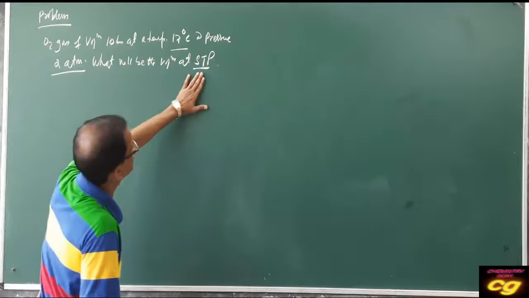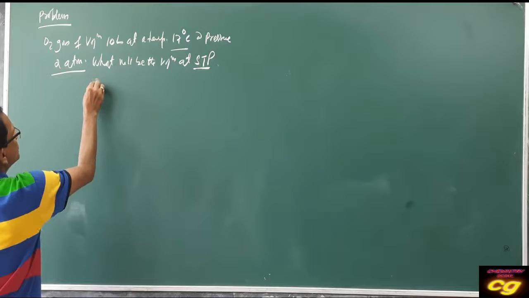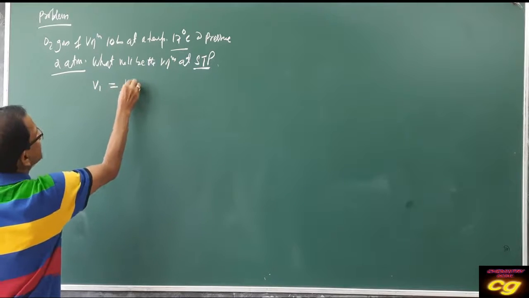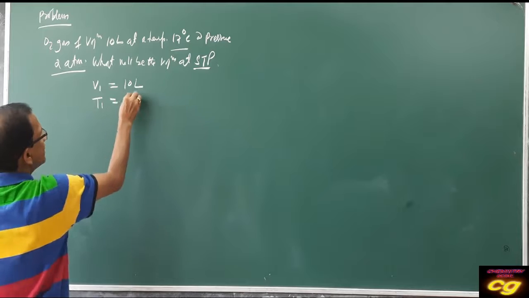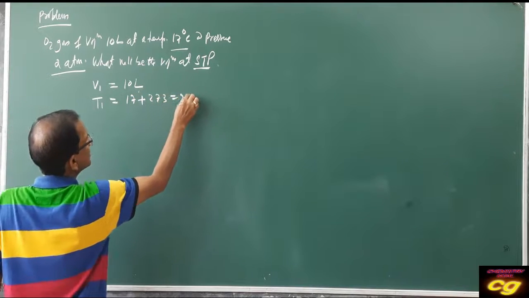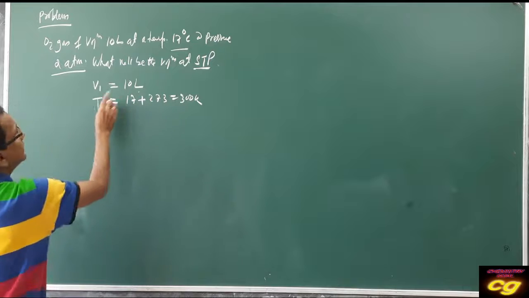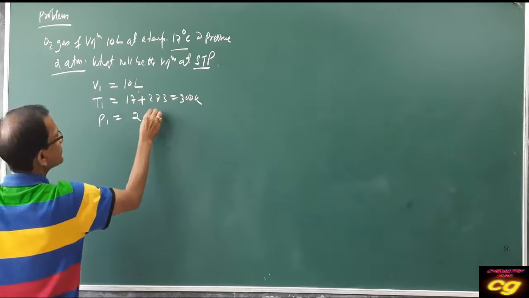What is the volume at STP means we know. Here, the data: V1 is given as 10 liter. T1 is given as 17 degrees Celsius, which means 17 plus 273, 290 K. And the pressure P1 is 2 atm as per the question.